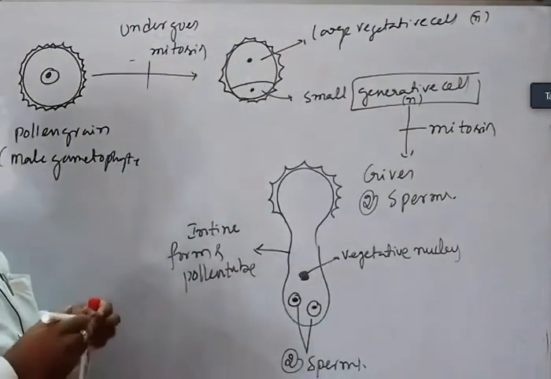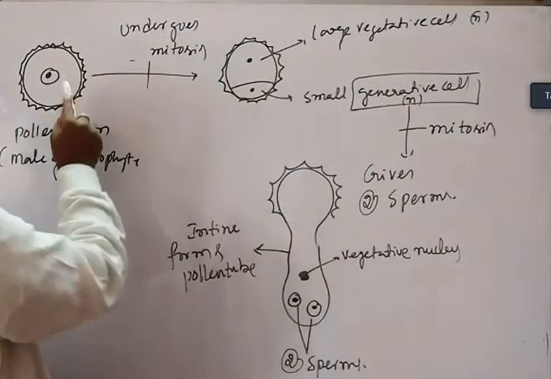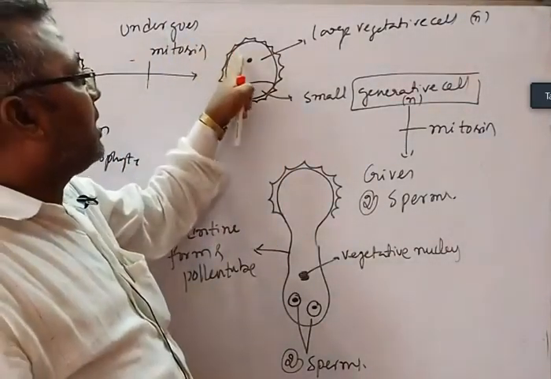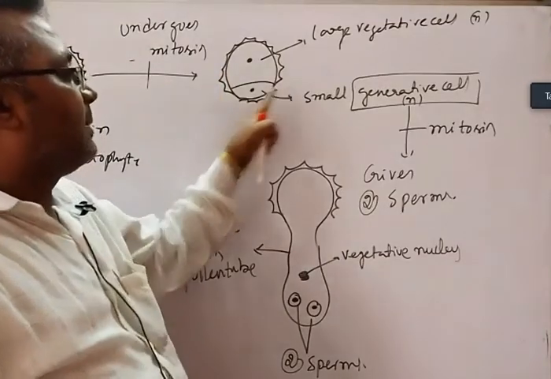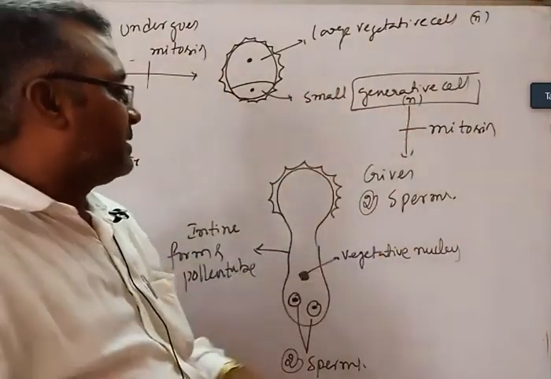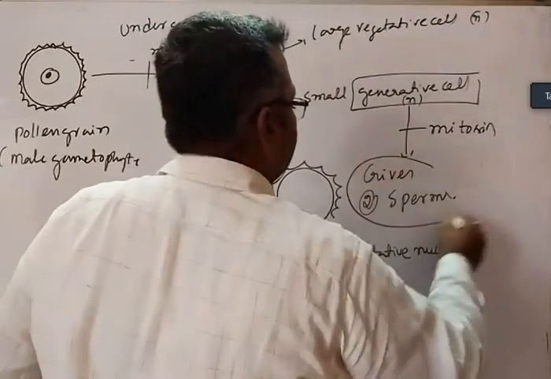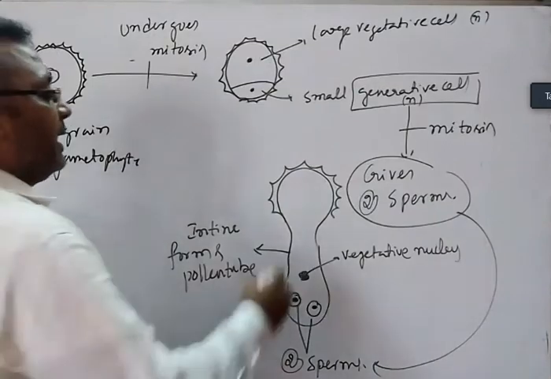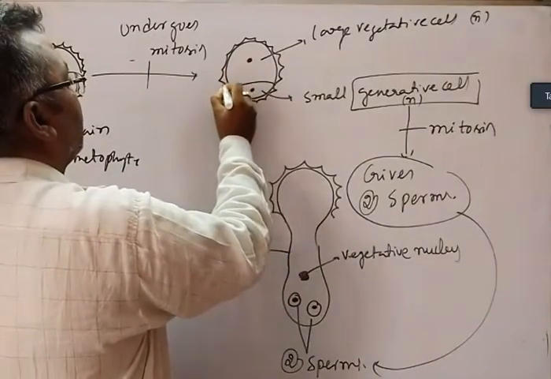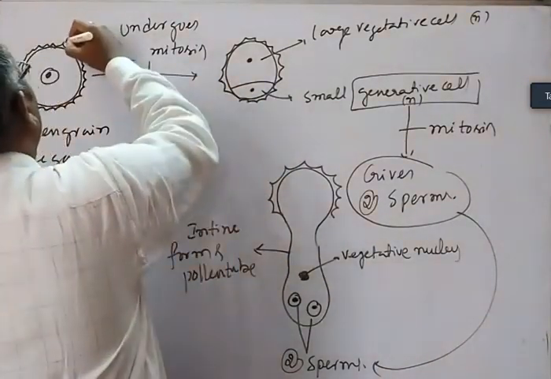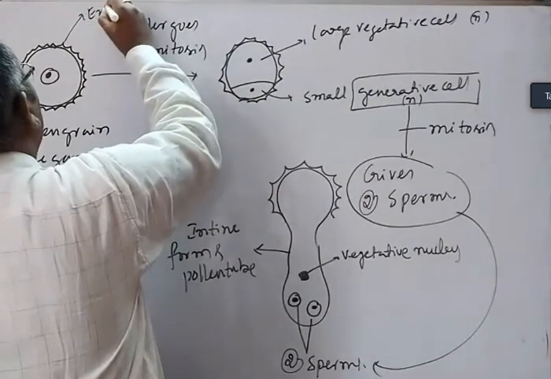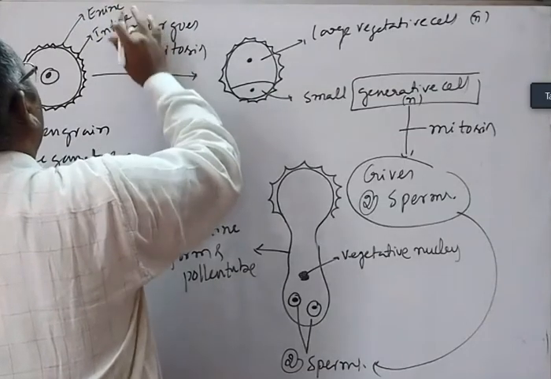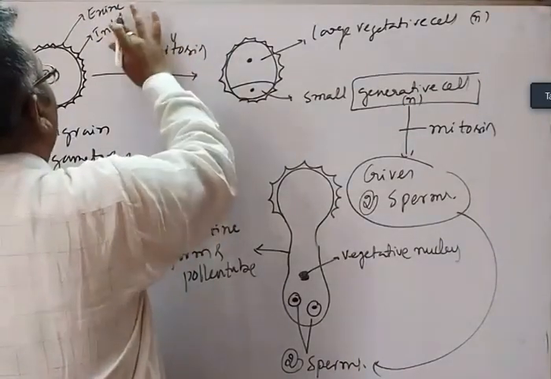Listen to me here. Pollen grain first undergoes one mitosis. It gives two cells, a large vegetative cell and a small generative cell. The generative cell again undergoes mitosis and gives two sperms. In the meantime, this is intine, this is exine. Intine means inner wall.